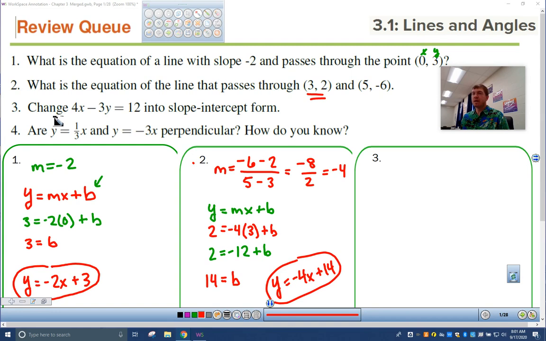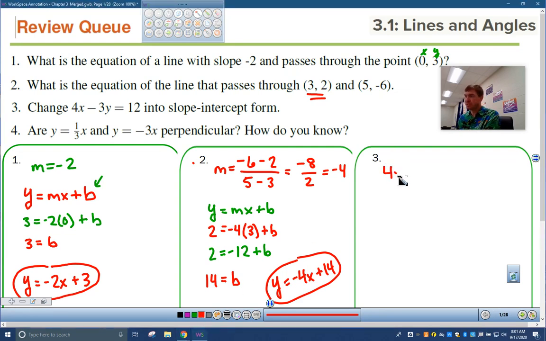Change 4x minus 3y equals 12 into slope-intercept form. This is just solving the equation for the variable y. Minus 4x on both sides to isolate my y term.